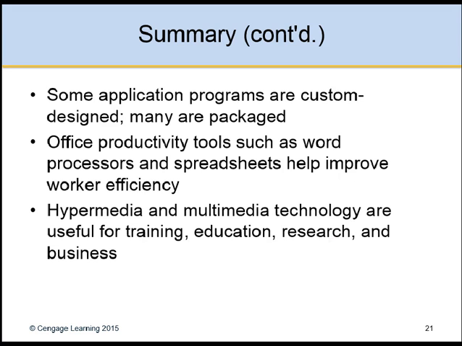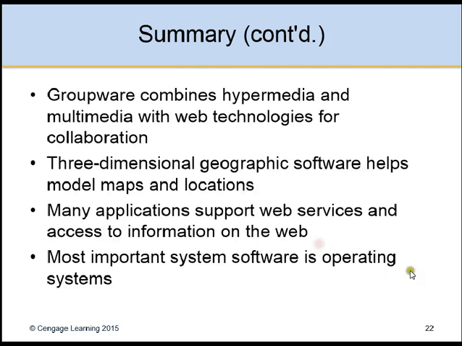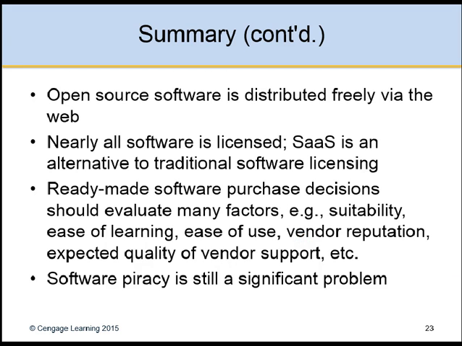We talked about productivity tools and hypermedia and multimedia technology, went into groupware, and looked at operating systems, the most important system software. Finally, we discussed open source software that's distributed freely on the web.